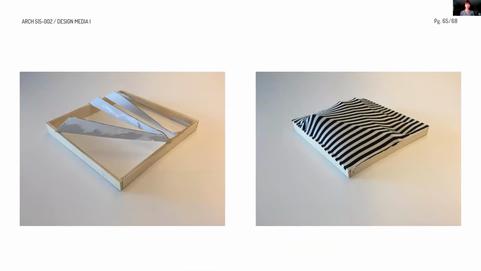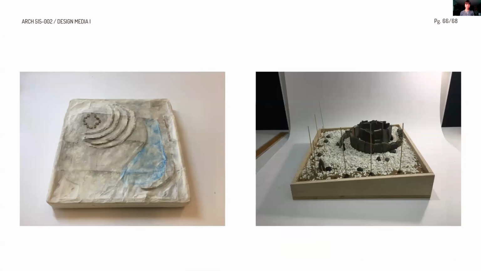This one used a framework over which fabric was stretched. Two more approaches here. We have paper mache over a wireframe and a model composed of sand, aggregates, and clay. Keep in mind that these students were working on a different design assignment, so these models are not necessarily about topography, but they are examples of ways you can show topography through models.